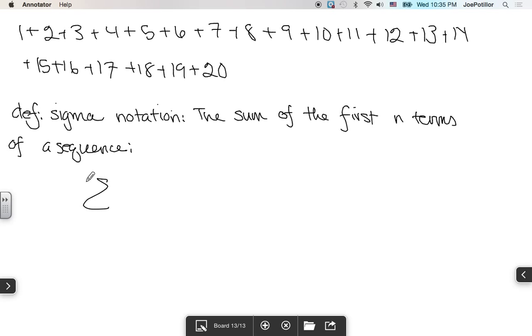There's your Greek letter sigma from k equals 1 to n. It does not have to start at 1, by the way. You can start it anywhere. And then a sub n is equal to a sub 1 plus a sub 2 plus all the way to a sub n.